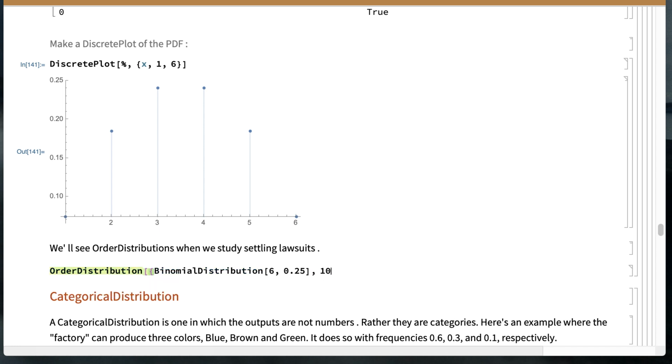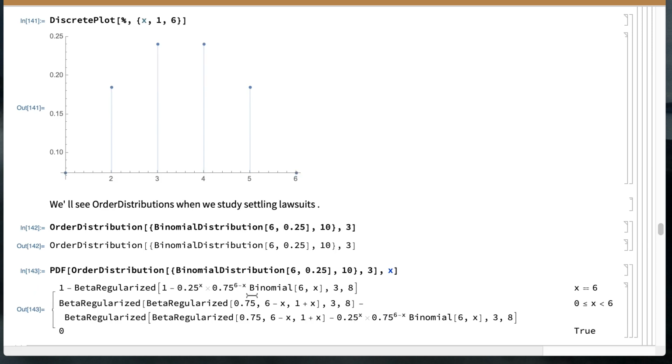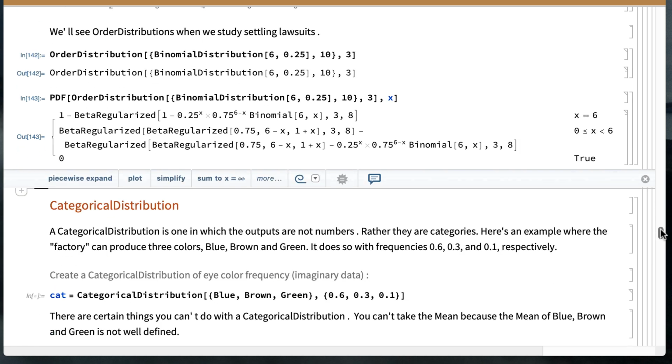And what I was interested in was the third highest value. That's how I'd write it. Okay? And we could say, what's the PDF of that? And it would tell us it's this ghastly thing. Okay? We'll see order distributions again when we look at settling lawsuits. It turns out that they are very helpful in figuring out the values of lawsuits.